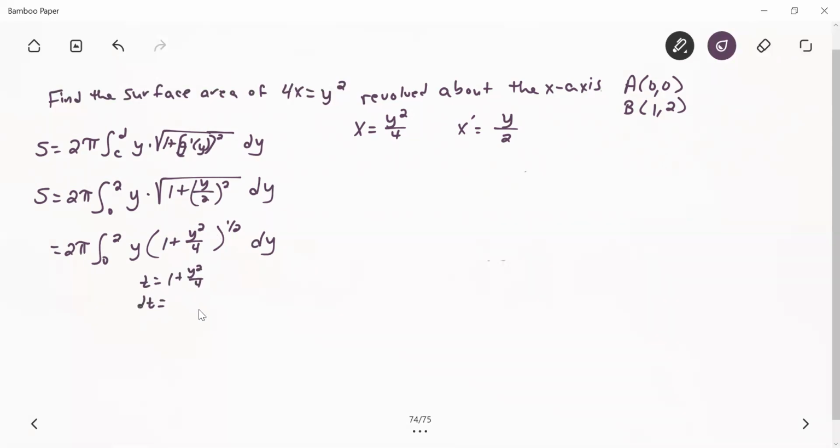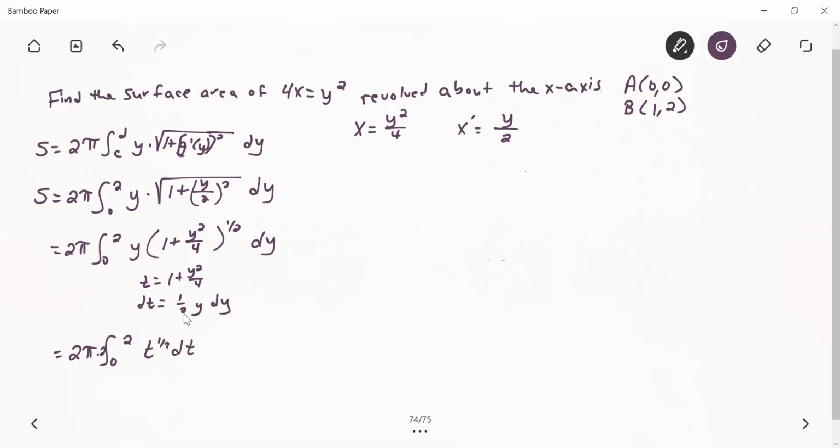So dt is, the derivative of that, the 1 goes away, and I end up with 1/2 y dy. So this gives me 2 pi from 0 up to 2 of, well, I have the y, I don't have a 1/2, so I have to multiply by 2, and then this gives me t to the 1/2 dt.